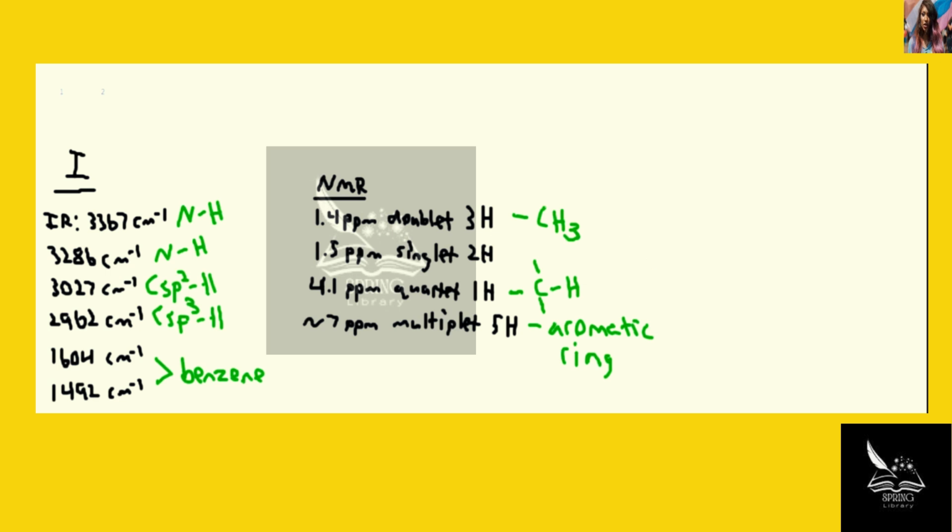So we have 6 carbons in the aromatic ring, and then a 7th carbon at the 4.1 ppm signal and an 8th carbon at the 1.4 ppm signal. And so we are out of carbons at this point. So this 1.5 ppm singlet that integrates to 2 is probably the protons on our nitrogen. And that's backed up by the fact that it is a singlet. It's not showing any splitting. Okay, yeah, so that makes more sense.